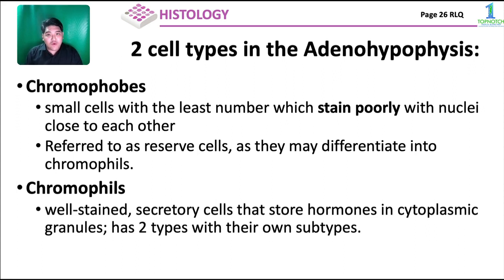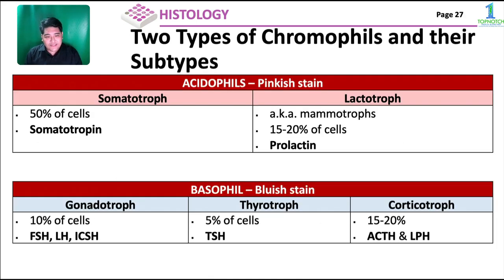You have your chromophobes, afraid of color, and your chromophils, who love color. Okay, from the word itself, chromophobes stain poorly, and your chromophils stain well. So what are the two types of chromophils? We have the acidophils, pinkish stain, and your basophils, bluish stain.